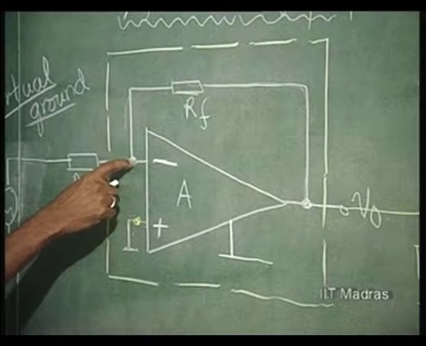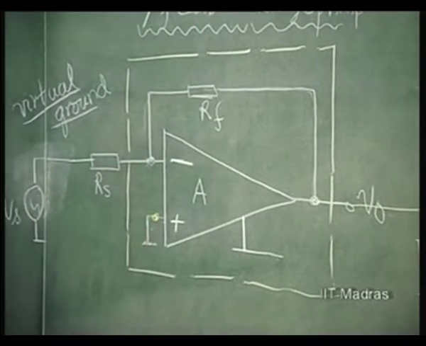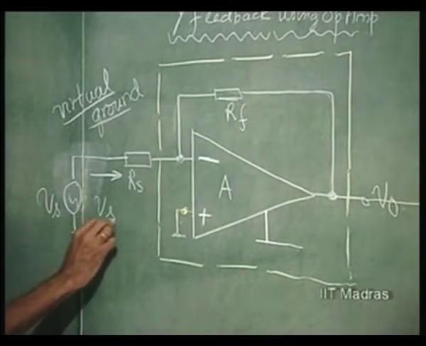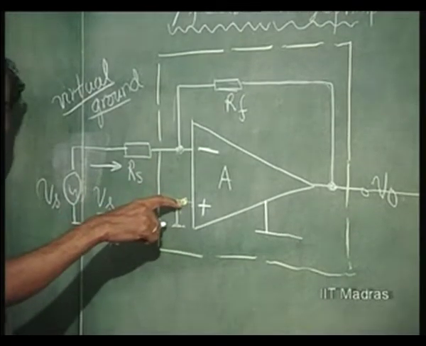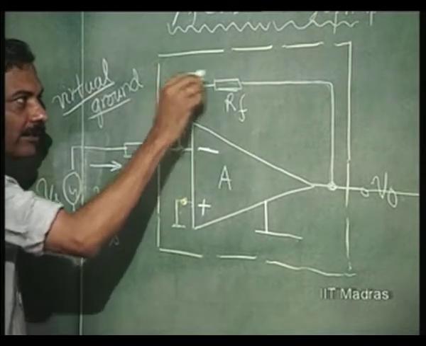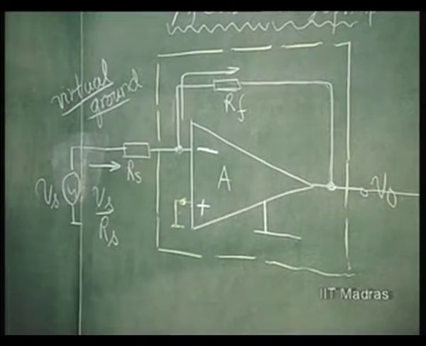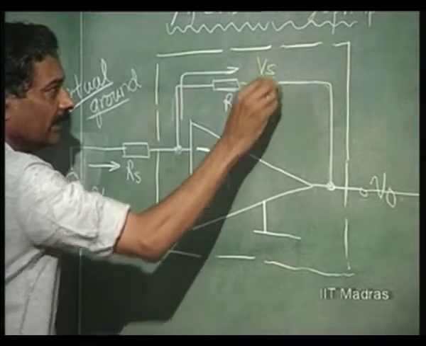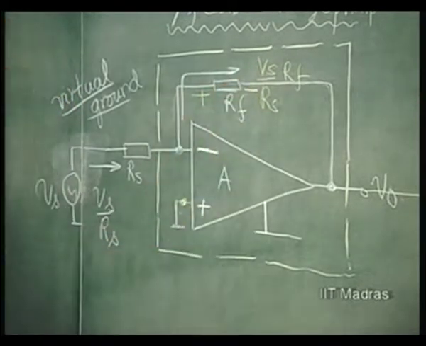Potential here is the same as that of the ground potential, virtual, which means the current in this is Vs divided by Rs, and this current cannot go into the amplifier, so it can only go into Rf and develop a potential which is Vs by Rs into Rf, with this end positive and that end negative.